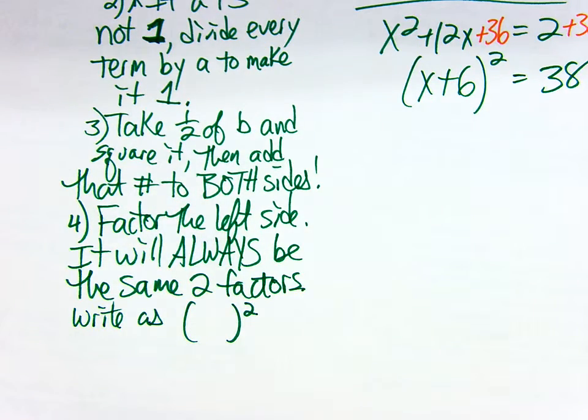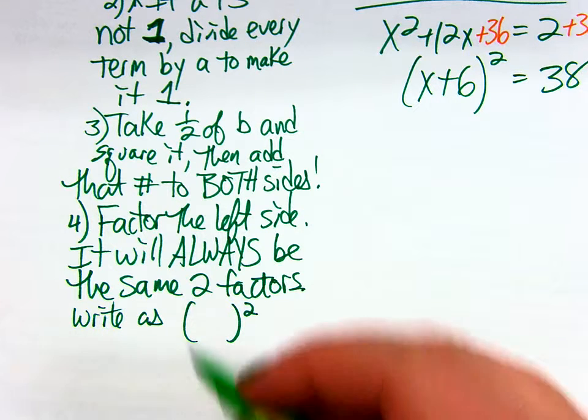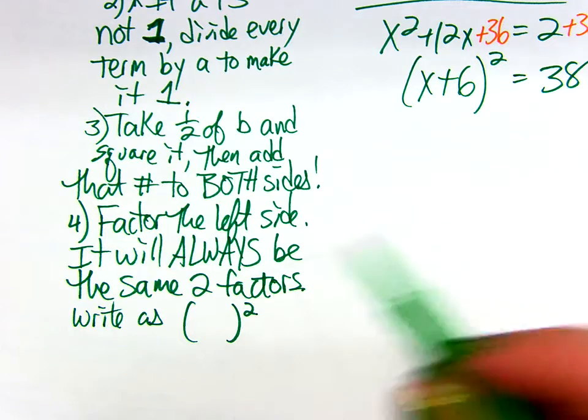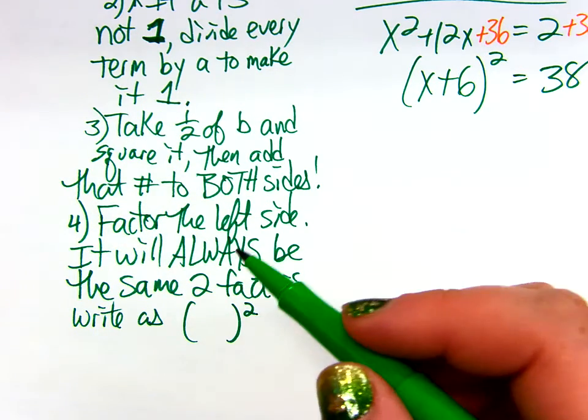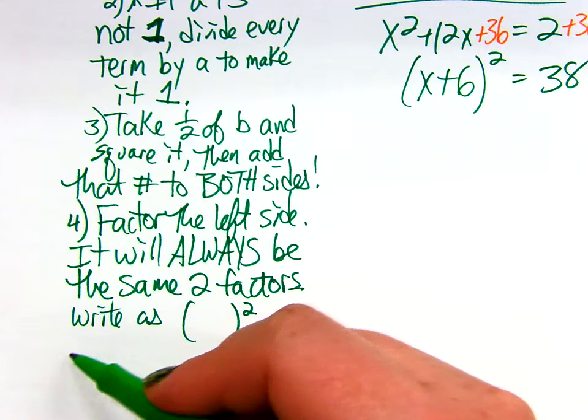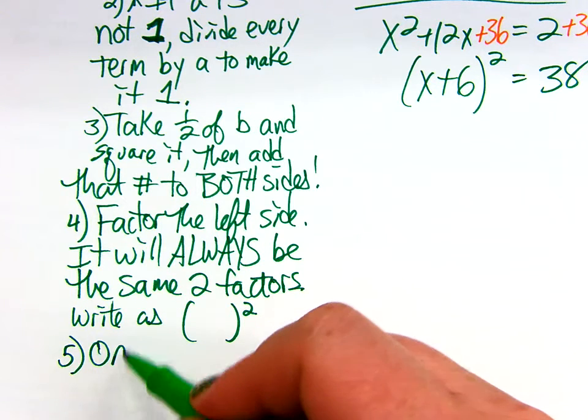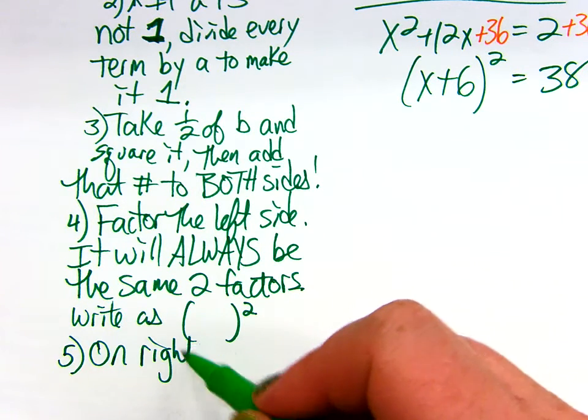So you're going to write it as whatever the factor is squared. And then on the right side, you're just going to add the two numbers.